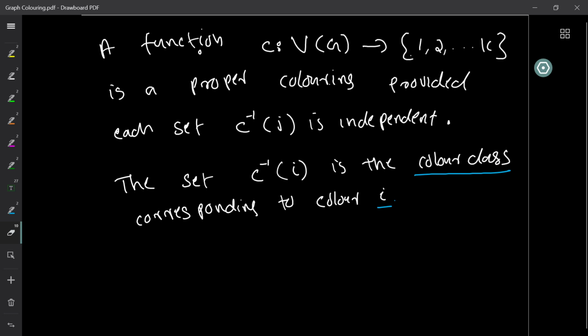But the chromatic number can't be greater than twice the clique number, though, right? Because then we'd get another completely connected subgraph. Basically, the clique number would change.